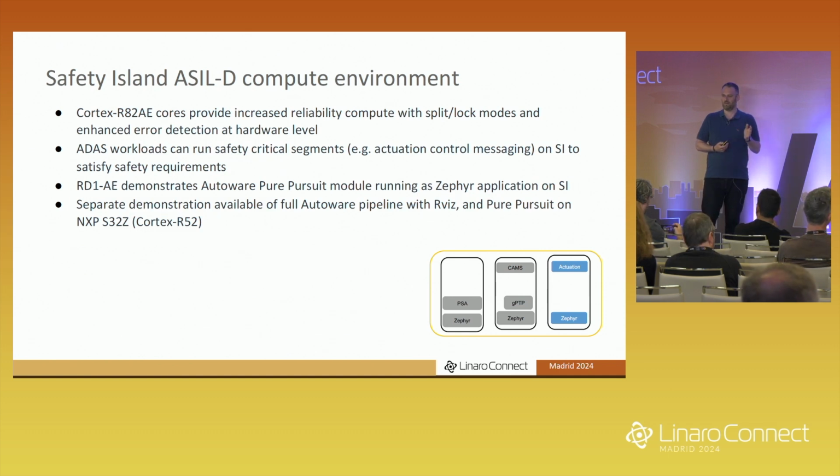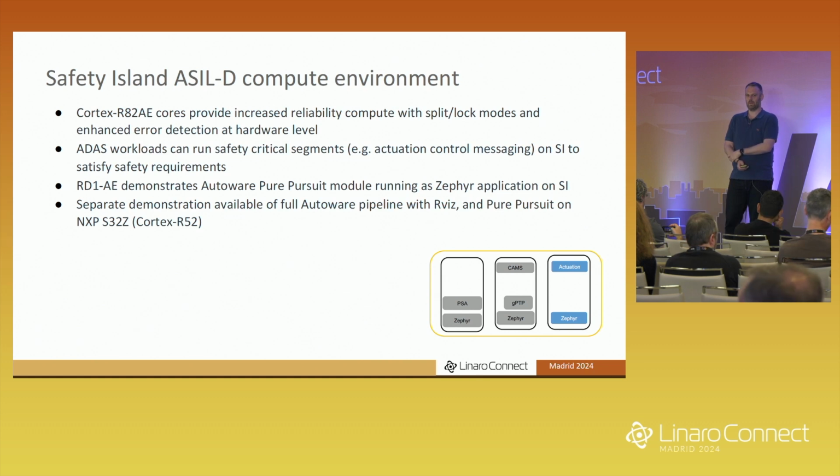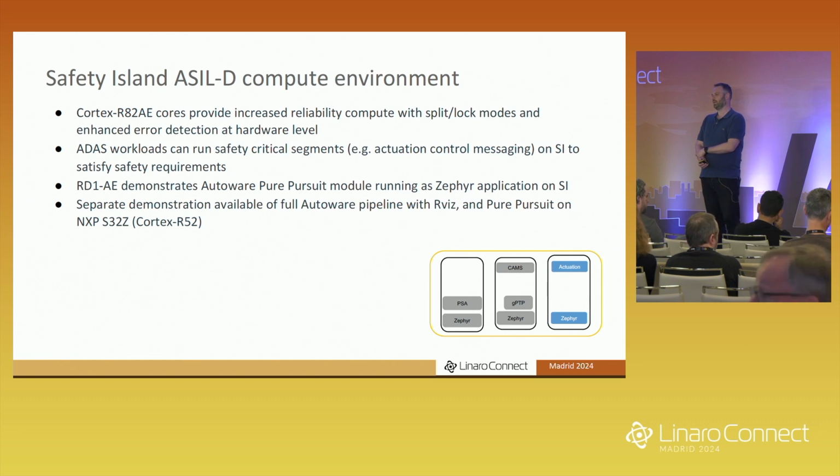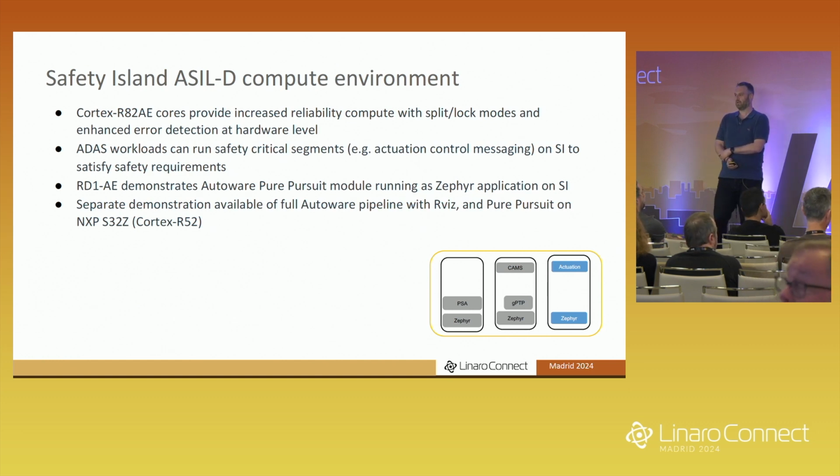So if you want to detect and trap or protect against runtime issues for determining acceleration, brake and steering inputs, then that's a really important function that you want to have running in the highest possible reliability platform that you can manage.